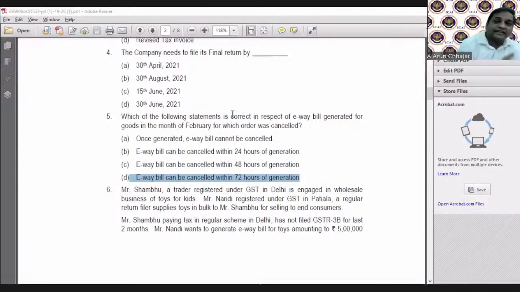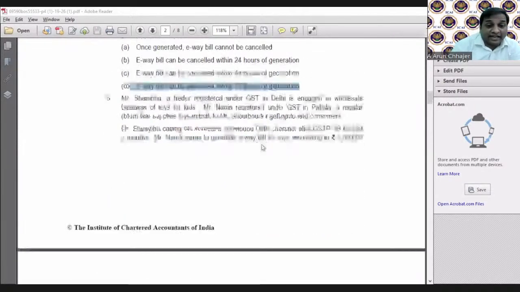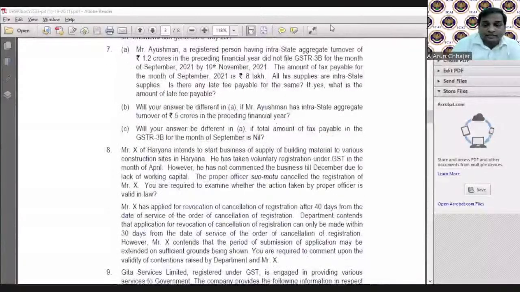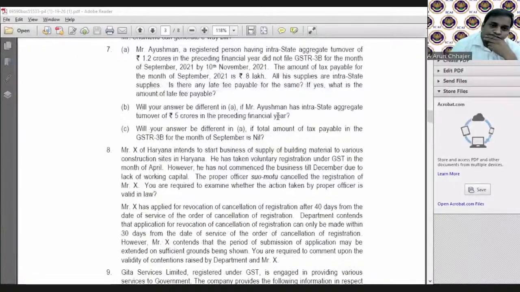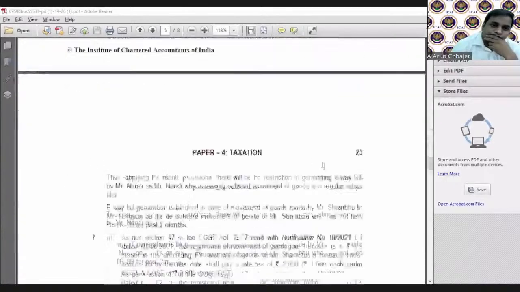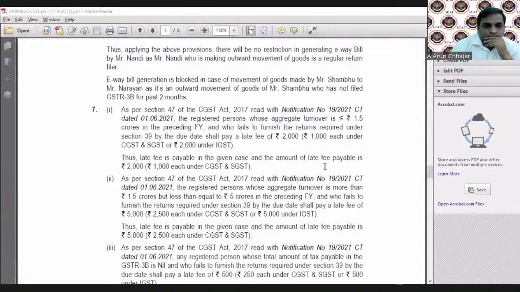Please think and give me the situations where annual return is not applicable. CTP, NRTP, TDS, TCS, and OIDAR.